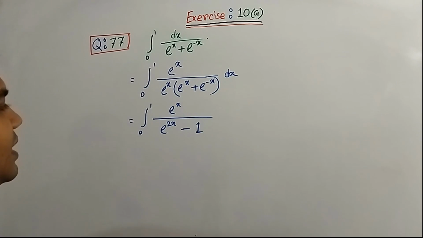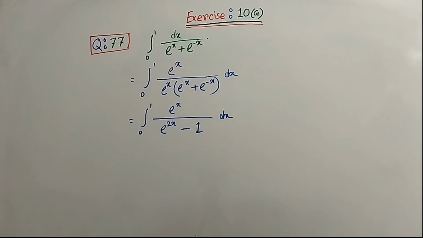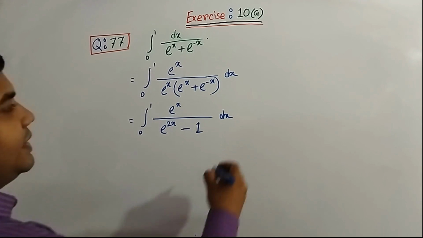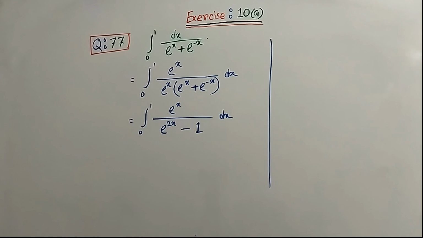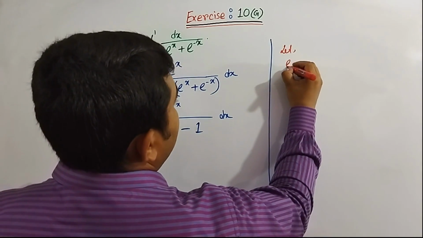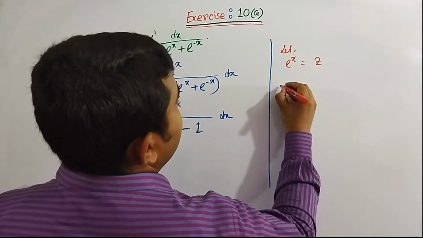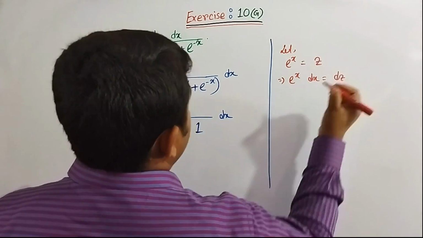Now if we consider this part as z, what can we write? Let e to the power x be z, then e to the power x dx should be dz.